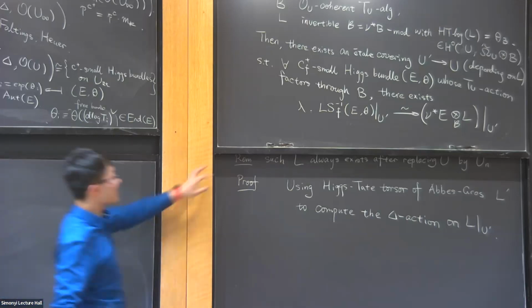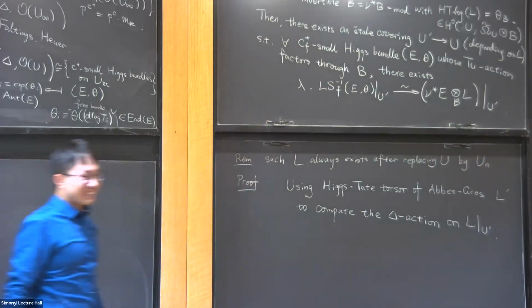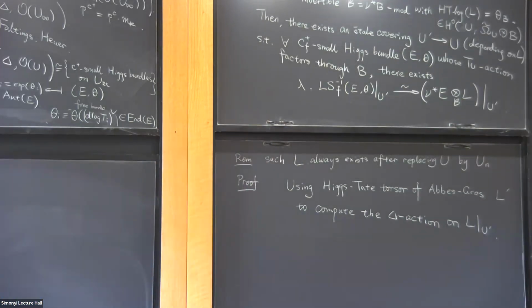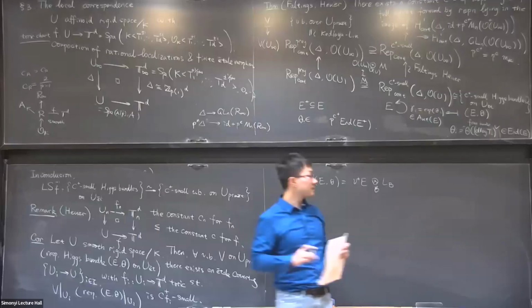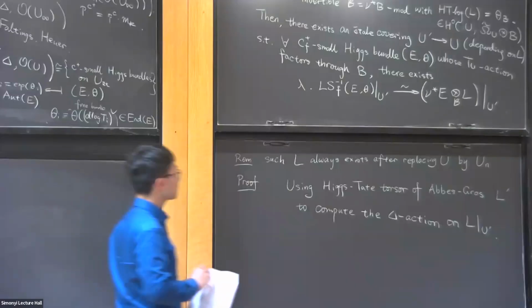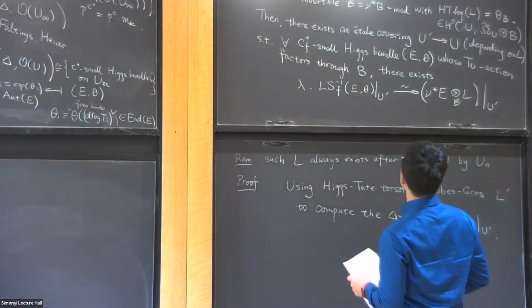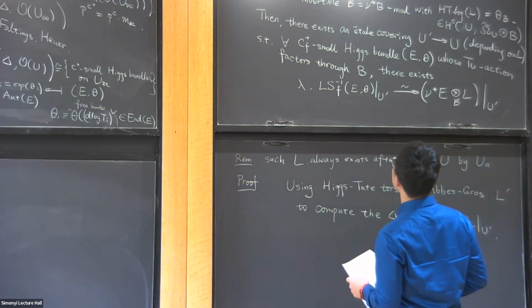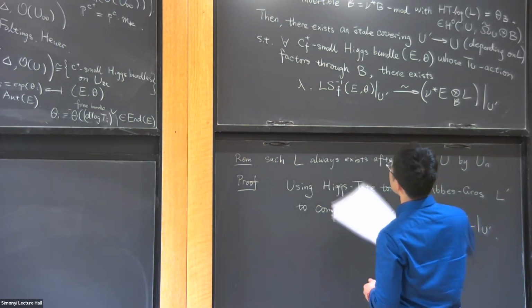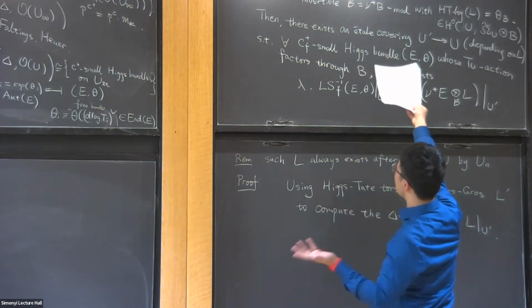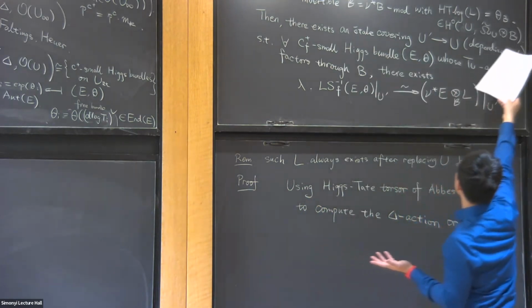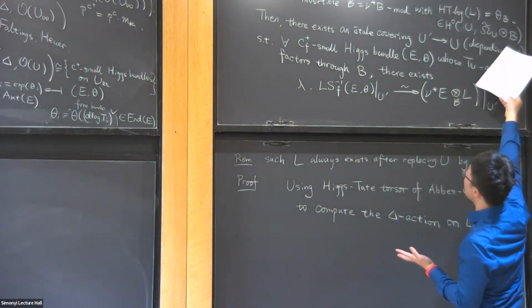Yeah, I mean, this is a little bit technical. Any question? Yeah. For this remark, you say such L always exists. So if this exists for any B, you don't have any condition on B? Oh, B is just, if you have such B, then you have such a canonical element here.